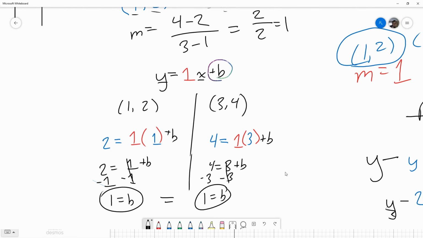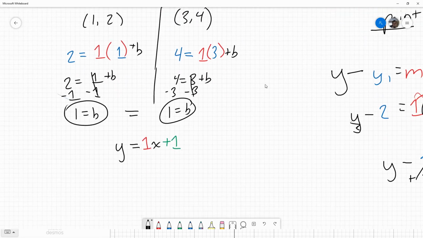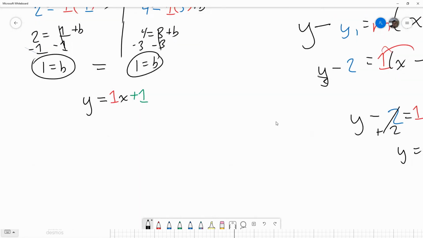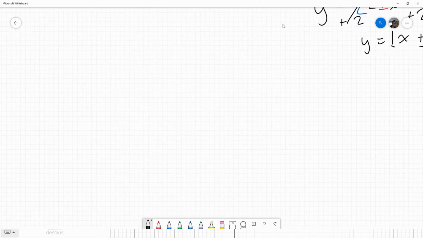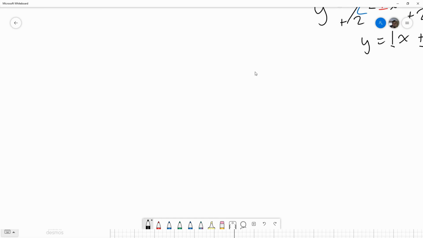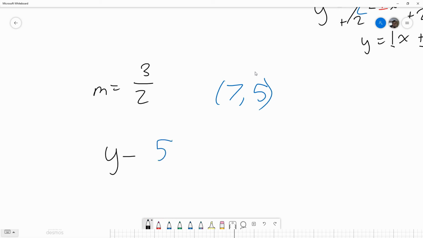I'll show one more example with harder numbers and point slope form, and then that'll be it. So let's just say I have a slope of 3/2 and a point of 7/5. So I'll have y minus the 5 equals my slope of 3/2 times my x minus my 7.